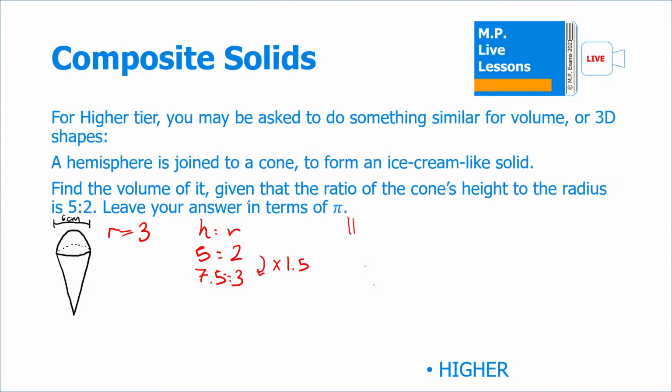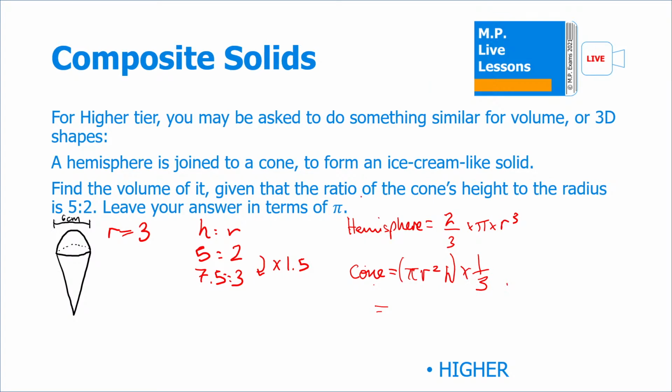So for the hemisphere, that's equal to 2/3 this time. Usually it'd be 4/3 for a full sphere, times pi times the radius cubed. Then the cone is equal to our circle at the bottom. So pi times r squared times the height. We just multiply this by a third.